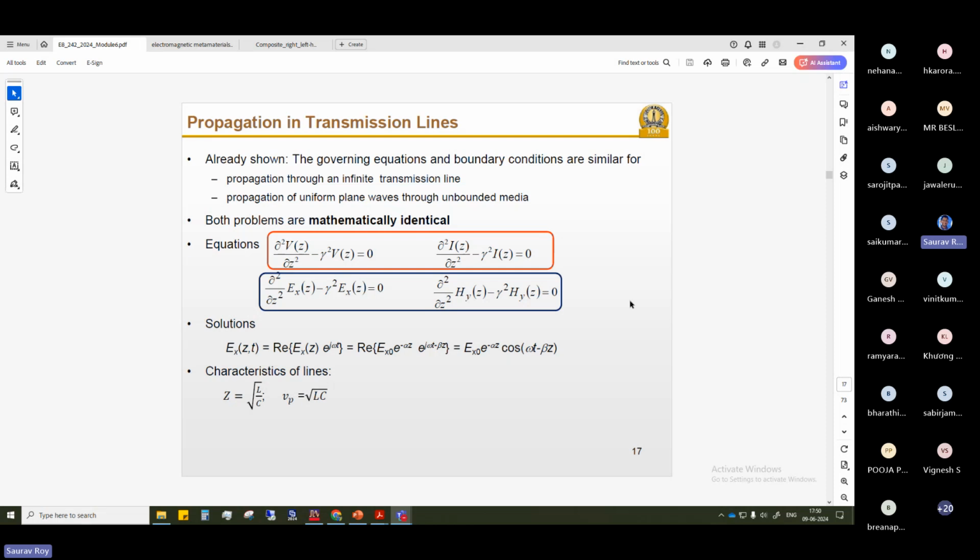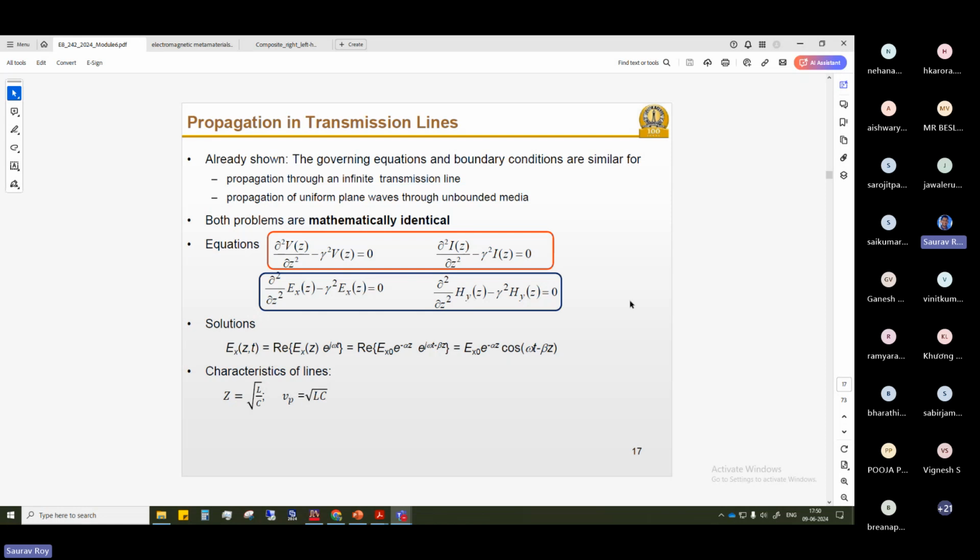People have very different names for it. Somebody calls it artificial metamaterial, also called DNG material, double negative, which means mu and epsilon both are negative. Another term is left-handed metamaterial. In generally right-handed materials, the direction of wave propagation and the direction of energy propagation are the same.